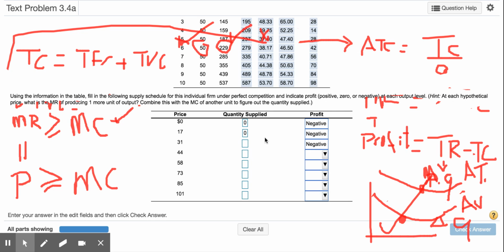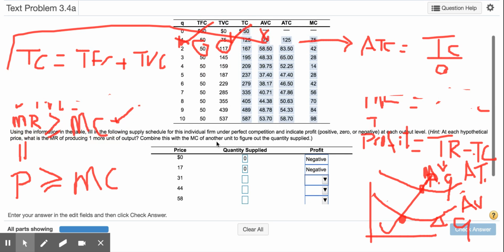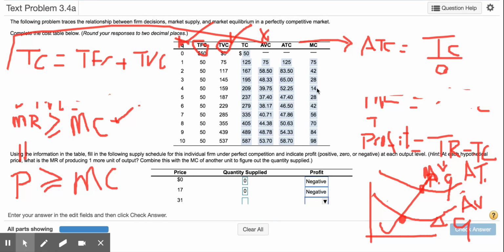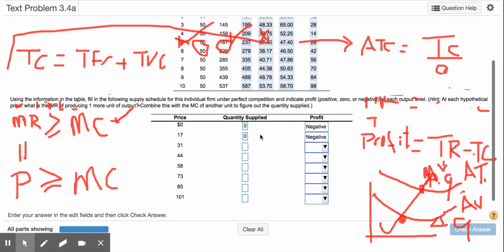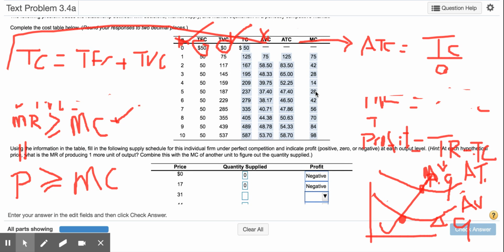So when the price is 31, we're still working on this one. So we should be here. Over here, marginal cost is higher than the price. But here, notice that this is the closest marginal revenue to marginal cost. So we should produce, in this case, 5 units.